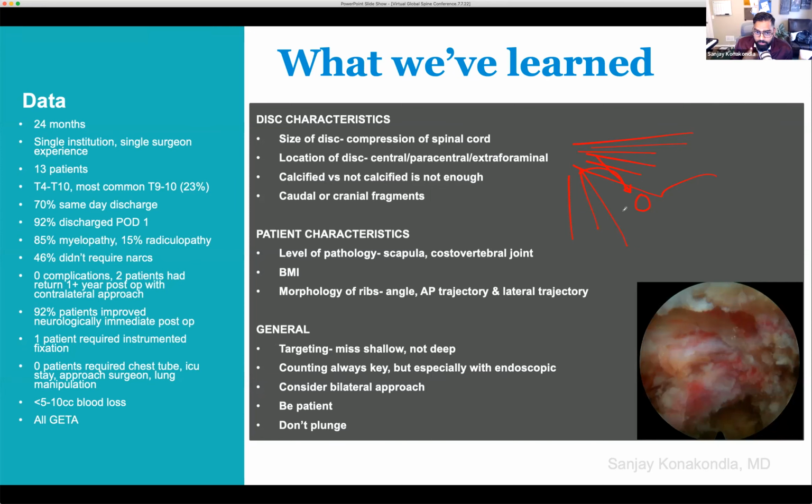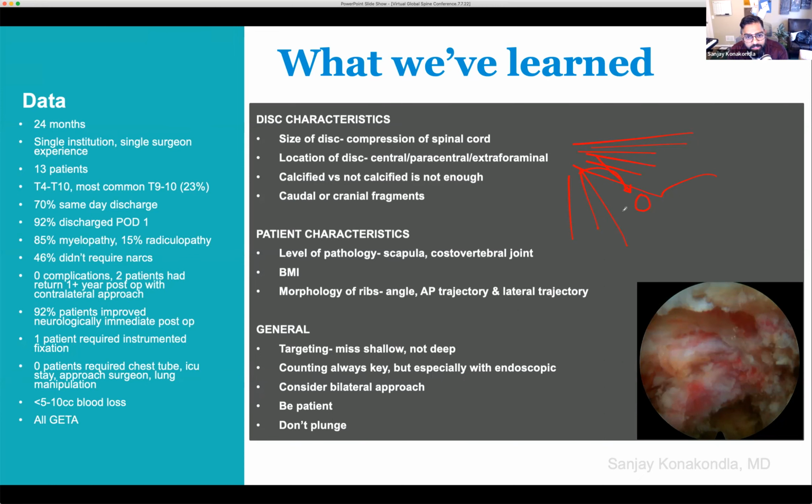Yeah, it's all valid questions, right? And if it's all ventral pathologies, and if it's soft, clearly you can get that with an endoscopic approach. If it's all ventral and it's calcified but paracentral or extraforaminal, great.